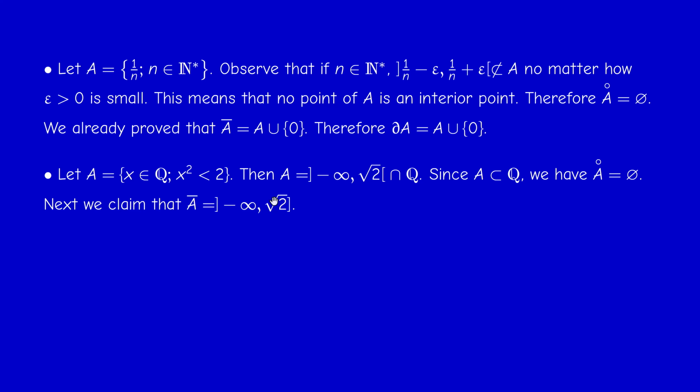This is, by the way, a closed set. I cannot close it at minus infinity because minus infinity is not a real number, but this interval is closed actually. We did that because the complement is open.